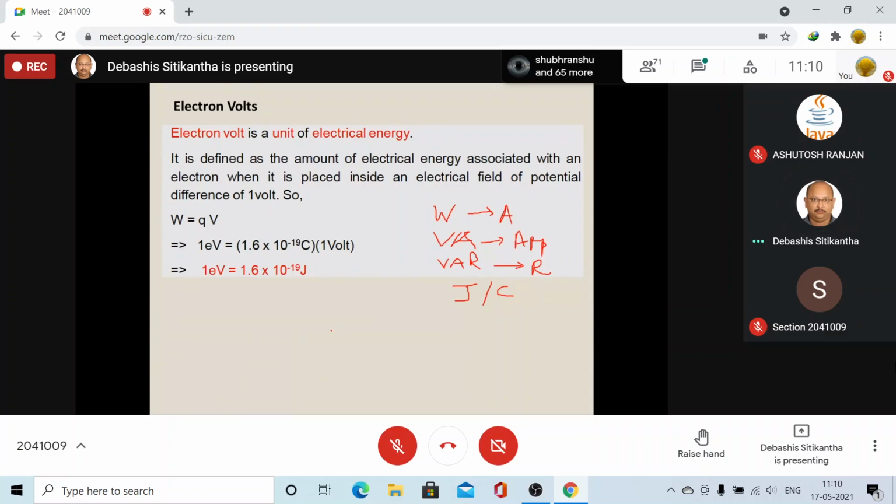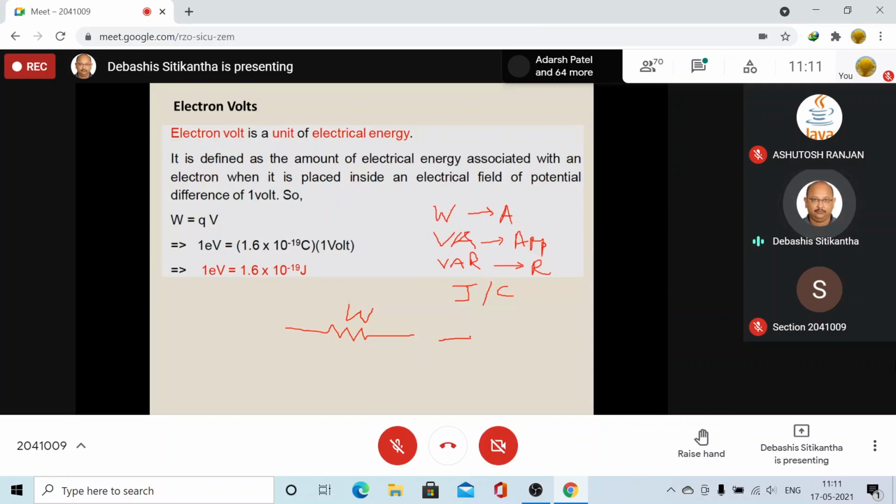Just look over here. Let me give you a little bit of an idea. I am not going into the details, because when we move on to chapter number 30, that is alternating current, we will study all this in detail. But very simply, the power that is consumed by a resistor is known as active power, and the unit of active power is watt.